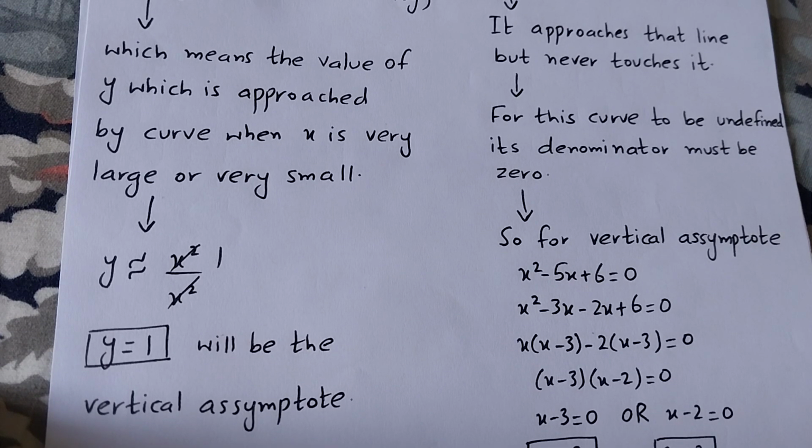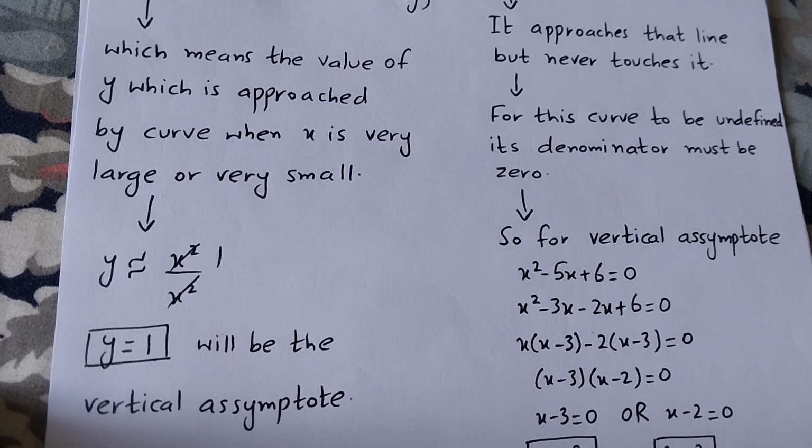So these are the two ideas, vertical asymptotes and horizontal asymptotes. Vertical asymptotes simply is the value of x at which the function becomes undefined. The function can't reach it, can't touch that line, it just approaches it.